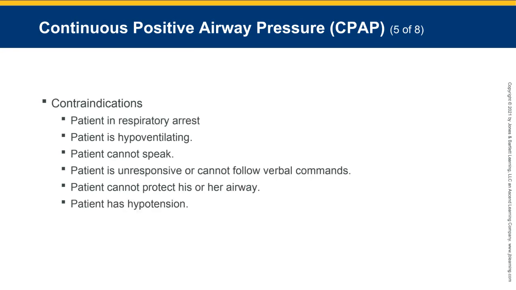Contraindication: if the patient is in respiratory arrest, it is contraindicated. If they're hyperventilating, you can't use it. If they cannot speak, if they're unresponsive or cannot follow verbal commands, if they cannot protect their airway, if their blood pressure is too low, no CPAP.